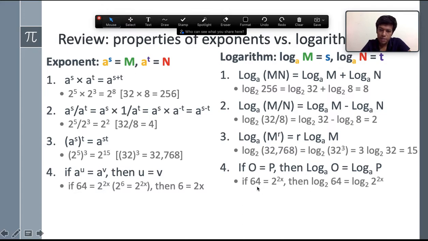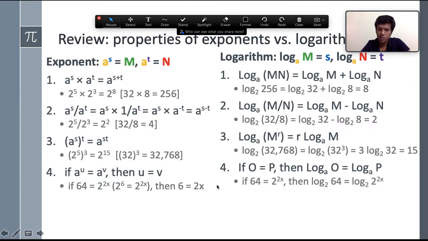It means if something is given to you, 64 equals 2 to the power twice x, then sometimes we say, hey, multiply it by log on both sides. Log, let's say 10 base, log e base, log 2 base, 3 base, whatever it is. And the reason we can do it is this rule here, that allows us to do that.